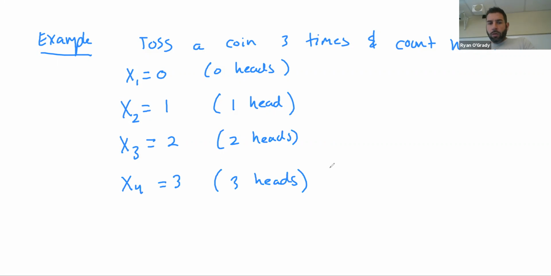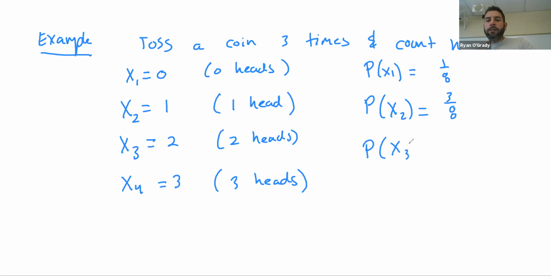And then what are their corresponding probabilities? Well, the probability that X sub 1 happens is 1/8. The probability that X sub 2 happens is 3/8. The probability that X sub 3 happens is 3/8. And the probability that the 4th scenario occurs is 1/8.